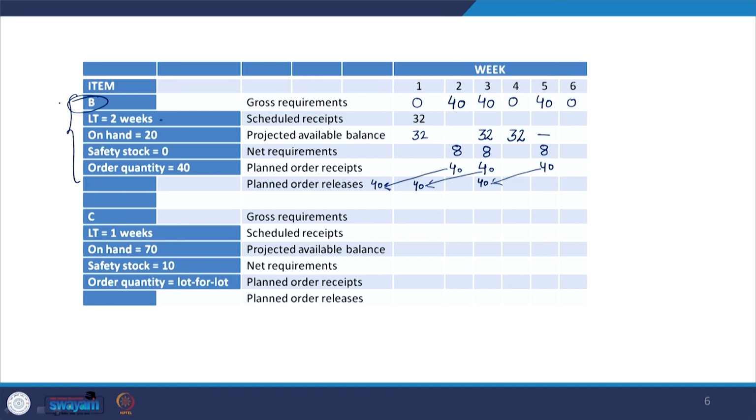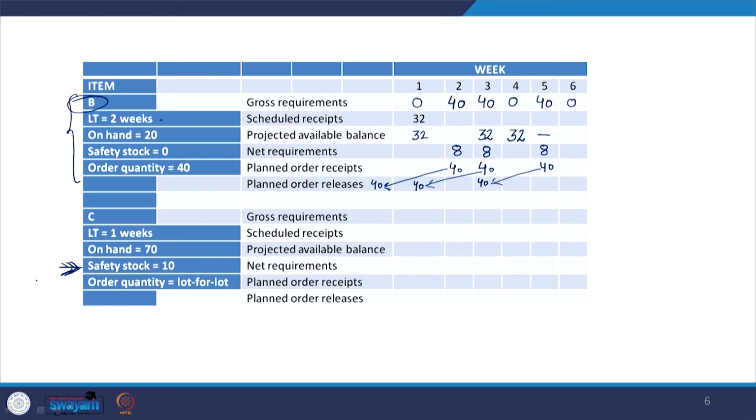Now, we come to the 3rd item in this particular category, where you see there are some interesting changes. One interesting change is that we have introduced the concept of safety stock, and if you remember in our last session we discussed various types of lot sizing techniques.